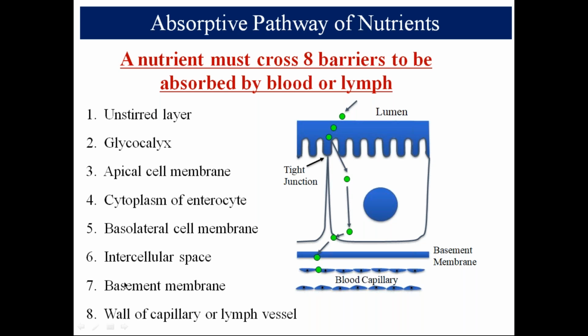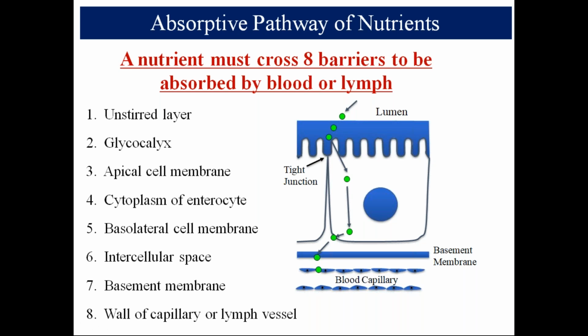So these are the 8 layers through which the nutrient has to pass if it has to reach finally the blood. Why? Because the blood is going to carry these nutrients to the various cells of the body, right?